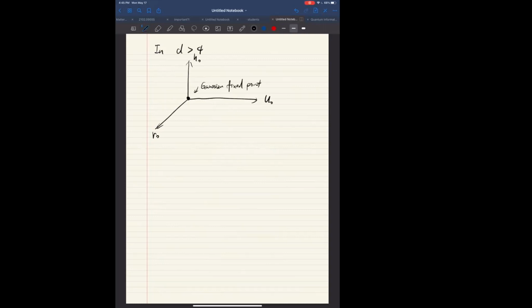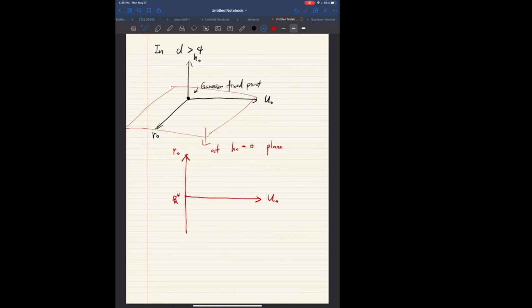So let's just focus on the H0 equals 0 plane. So in this plane you basically can draw the figure: U0, and then this is R0. And we know R0 is relevant, and this is K star, the Gaussian fixed point.